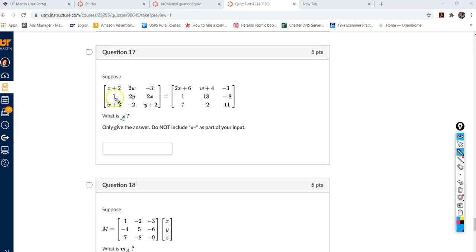So what I'm going to do is underline the equations that have x in them. So that gives me an equation that I'm going to write in blue. x plus 2 equals 2x plus 6.